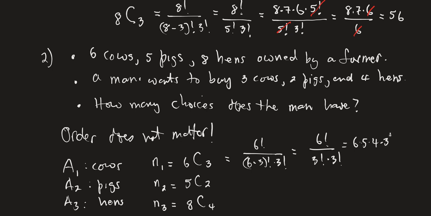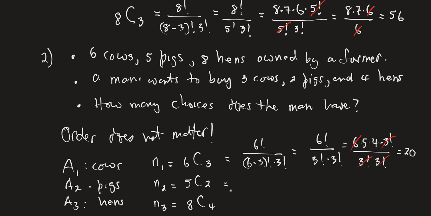Just like we did before, we can write that as 3 factorial. And in the bottom, we'll just cancel out everything that cancels out. So the 3 factorial goes, and the 3 factorial and the 6 also go. And we're left with 20 ways that this man can choose 3 cows out of 6.